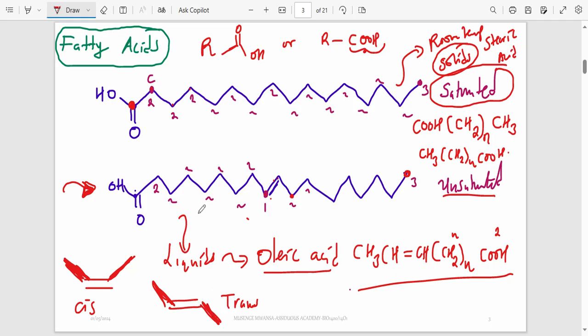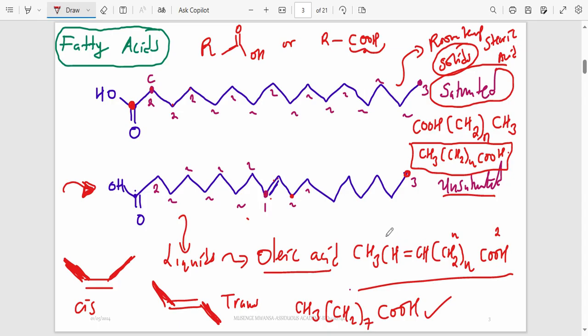Okay, all right. So in a case like that, let's say they gave you a formula, CH3, and then CH2, and then they put here like a 7, and then they write COOH. You should be able to follow one of these formulas. You can see that this formula is agreeing with this one.